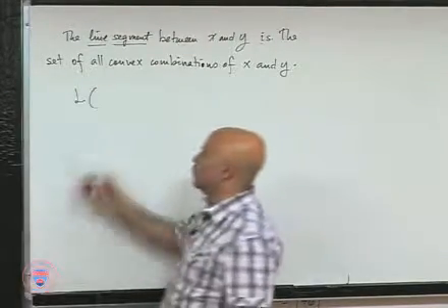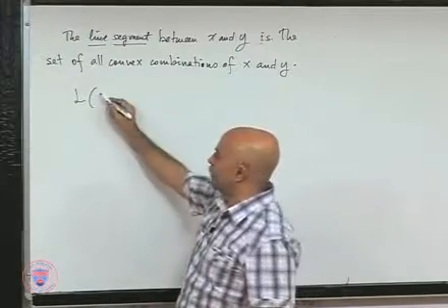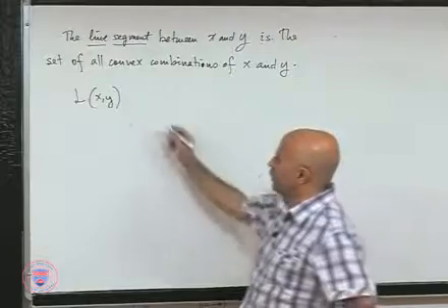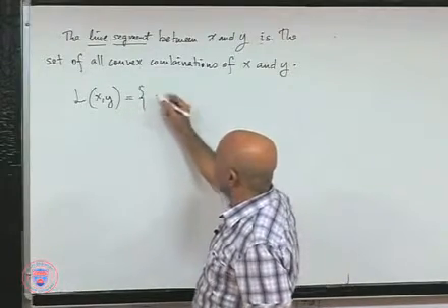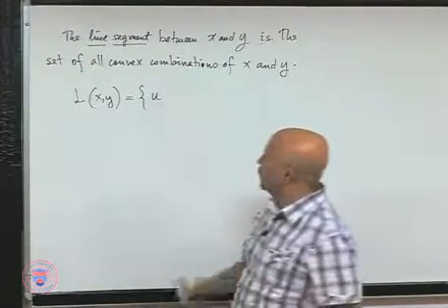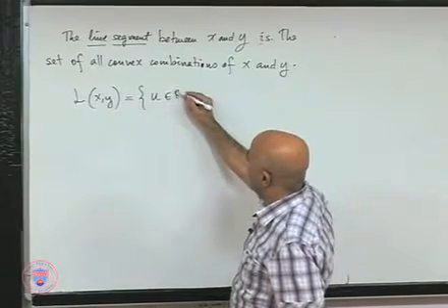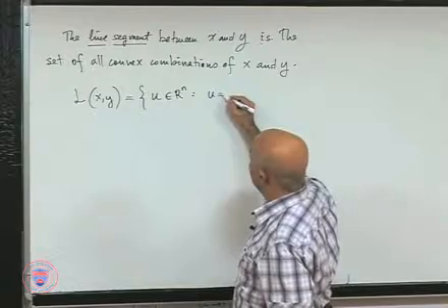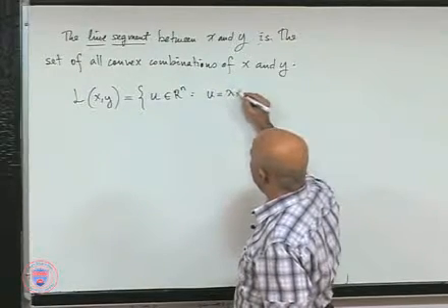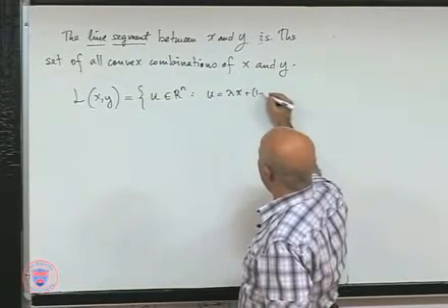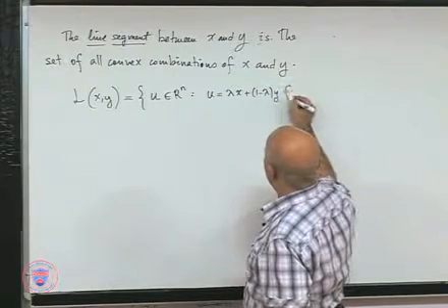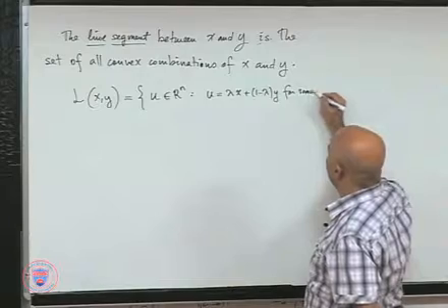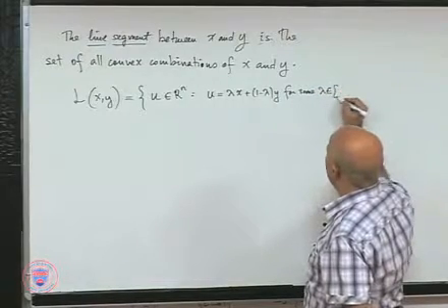So, if I denote just temporarily the line segment between x and y by, say, L of x and y, it's the set of points u in Rn such that u is some convex combination of x and y for some lambda in the unit interval.